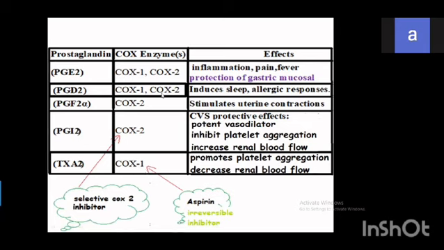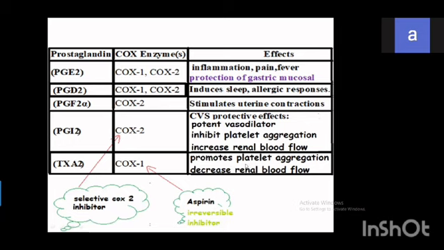Cyclooxygenase has two effects. One, it promotes platelet aggregation, and the other, it has a protective mechanism. It can protect the gastric mucosa, and that's why the balance with acid production takes place. If we inhibit cyclooxygenase 1 with the help of aspirin, we have one good effect, platelet aggregation inhibition.